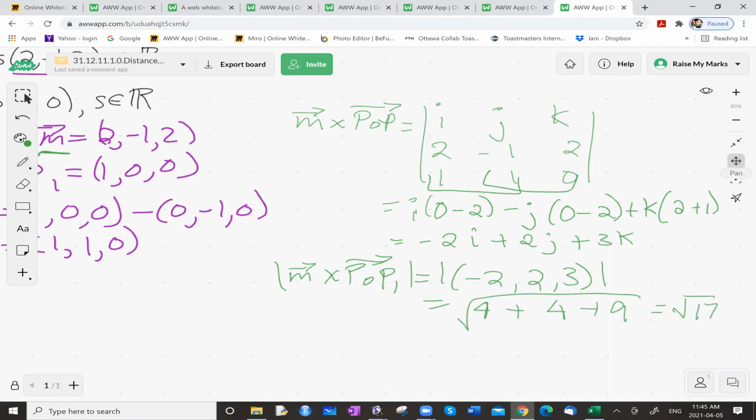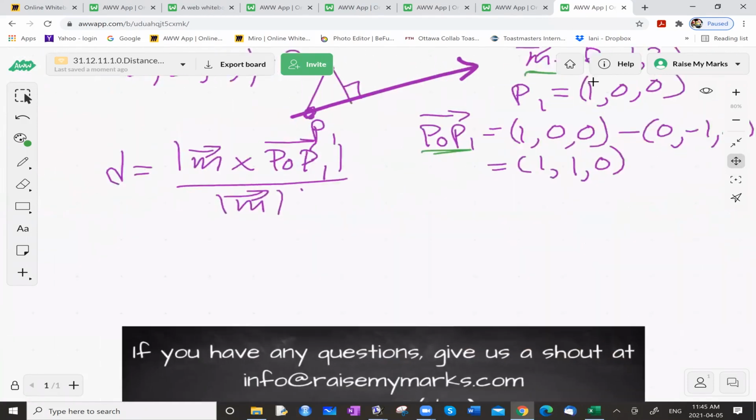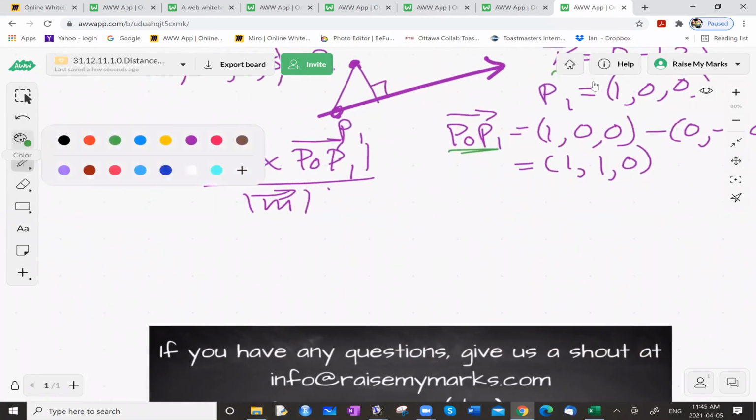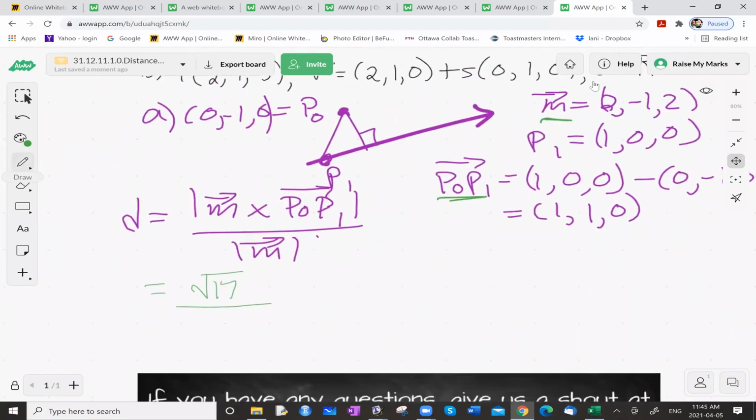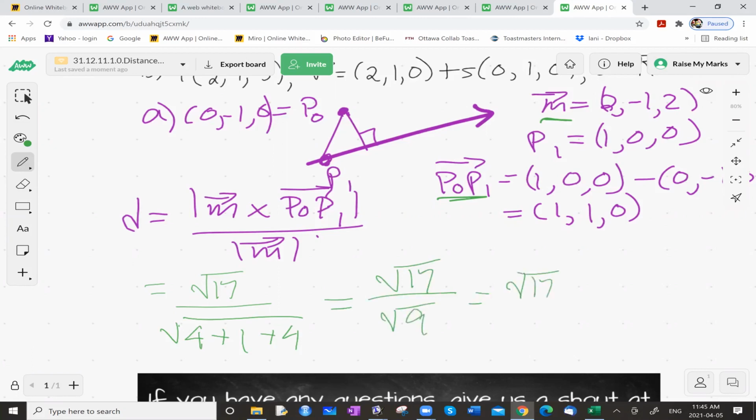Now let's go back to our distance. In the numerator, we have the square root of 17. In the denominator, we have the magnitude of m, which is the square root of 4 plus 1 plus 4. So we have the square root of 17 over the square root of 9, which equals the square root of 17 over 3.